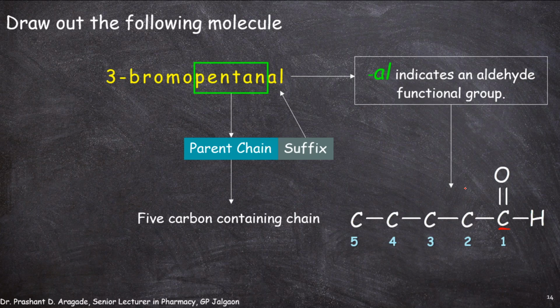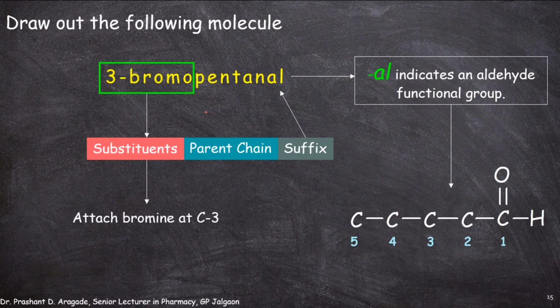Once you have done with the parent chain and suffix, then think about the substituents. In that example, the substituent is 3-bromo, that is you have to attach the bromine group at C3. So just attach the bromine group on carbon number 3.